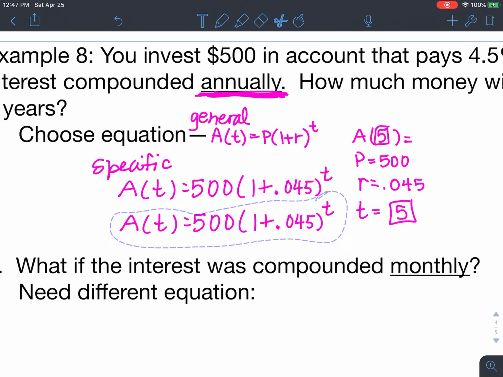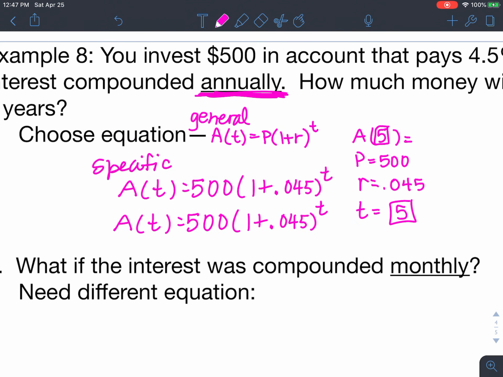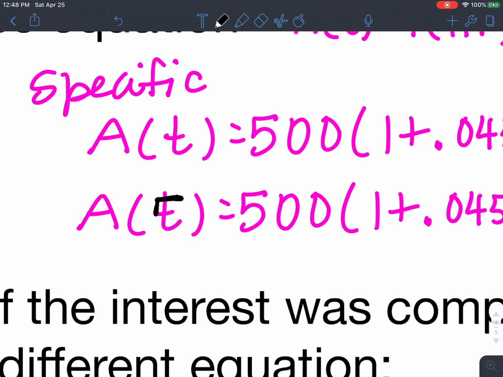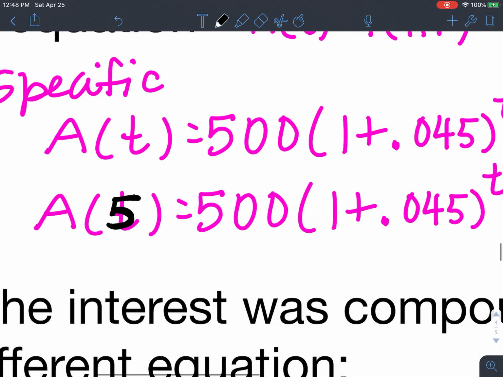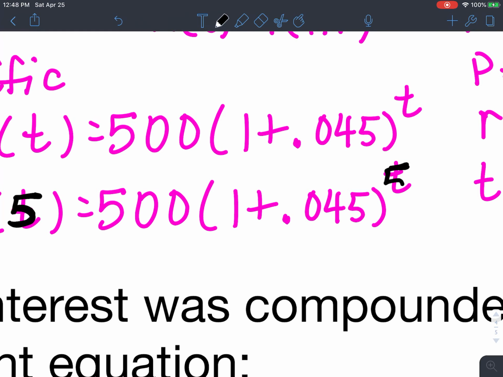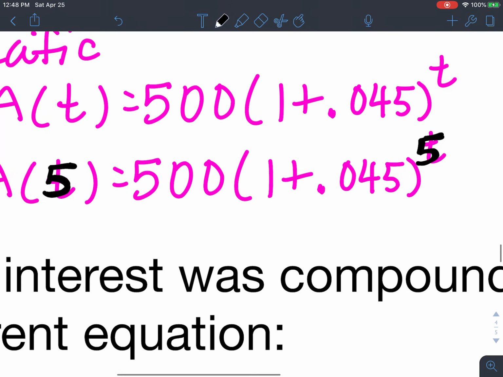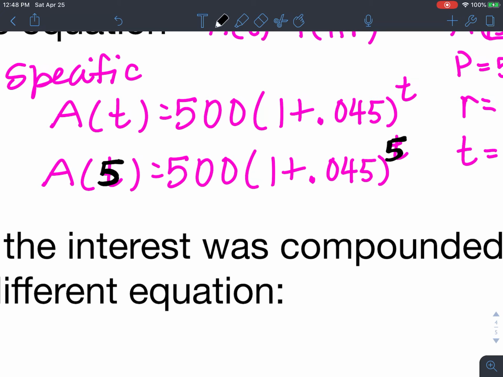And now we can take this equation, take out the t's and put in the 5. But again, you need a calculator for this. So putting this in the calculator, we would get 623.09. And remember to round to the nearest hundredth place.